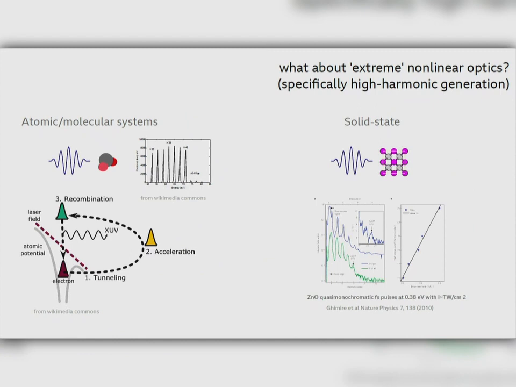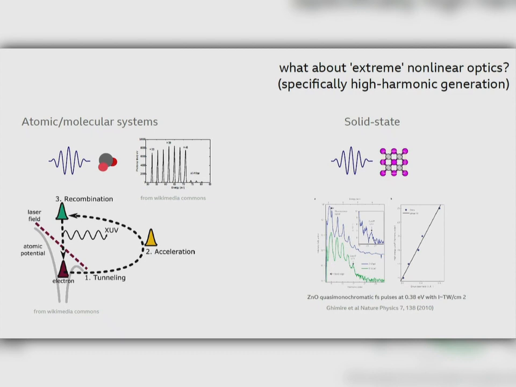So up to now, I've shown things that one can get perturbatively, but we have a real-time approach. So in principle, we can also look at extreme nonlinear optics. Here I'm looking at high harmonic generation, which we started in a collaboration with Caterina Vozzi in the audience. High harmonic generation has been explored for a long time in molecules and atomic systems.